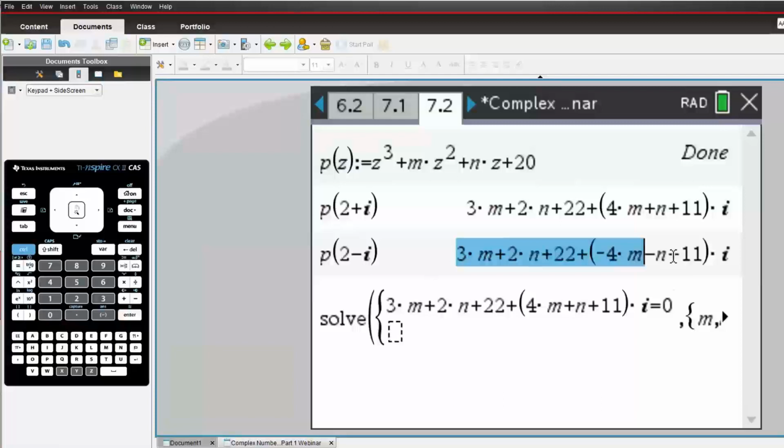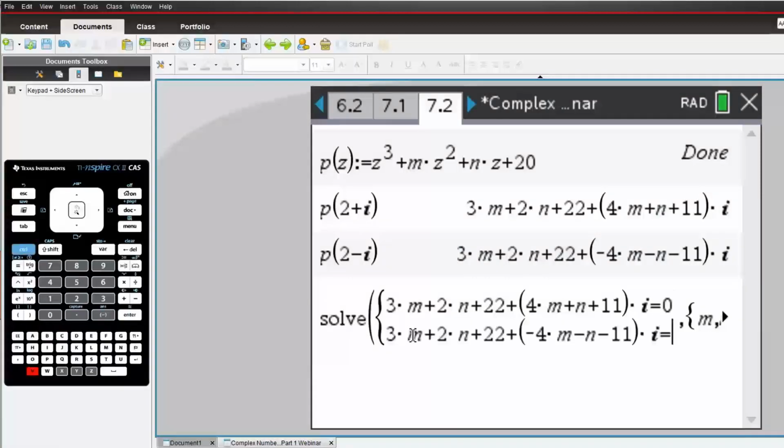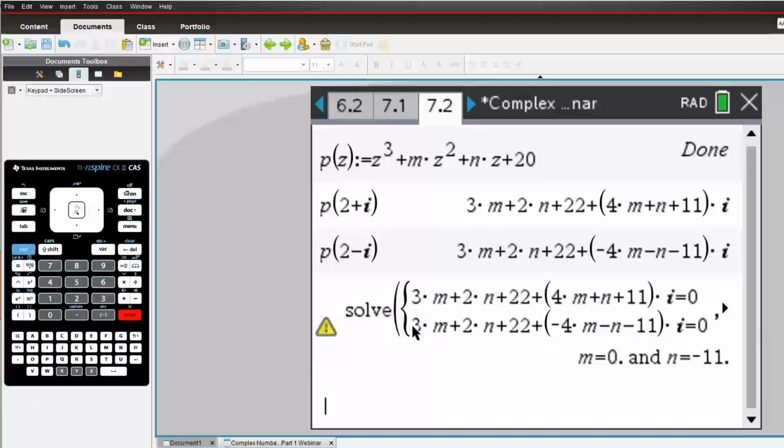And here you can go up and do Control-C on your calculator and bring it down here, Control-V, and we also equate it to 0.